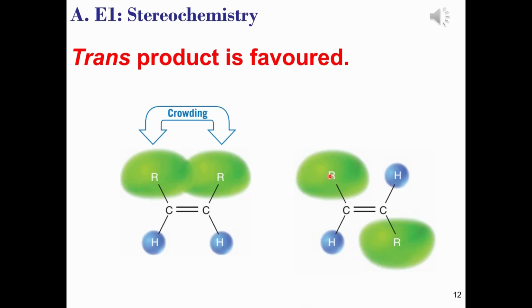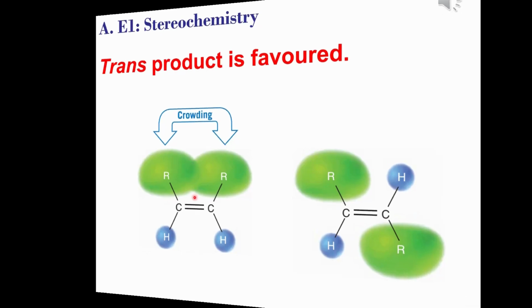And so this is the one that will lead to the trans product. And if we see here, the trans product places the larger groups on either side of the double bond, that is, they're opposite to each other, whereas a cis alkene places the 2 large R groups close to each other, and this causes steric hindrance, and we know this to be unfavourable.